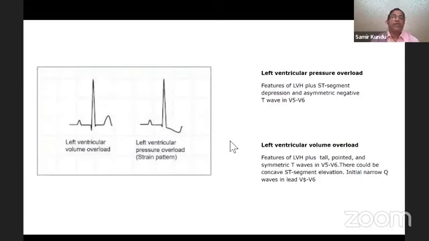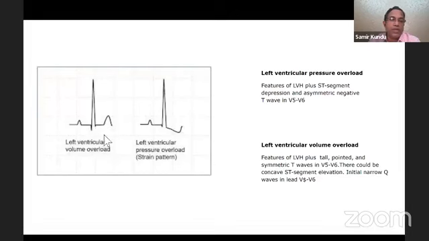Left ventricular hypertrophy occurs in two types: left ventricular volume overload and left ventricular pressure overload. Left ventricular volume overload shows a very tall R wave, ST segment near the baseline or slightly upward concave elevation, symmetrical upright T wave, and there may be a narrow Q wave.